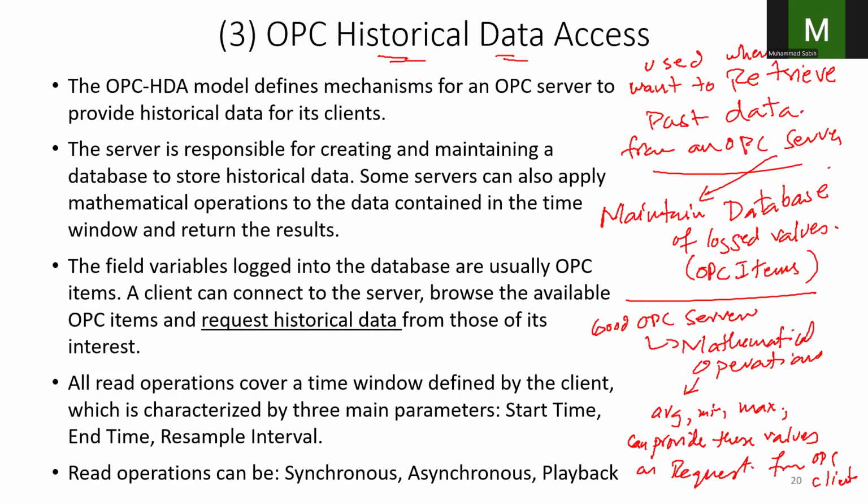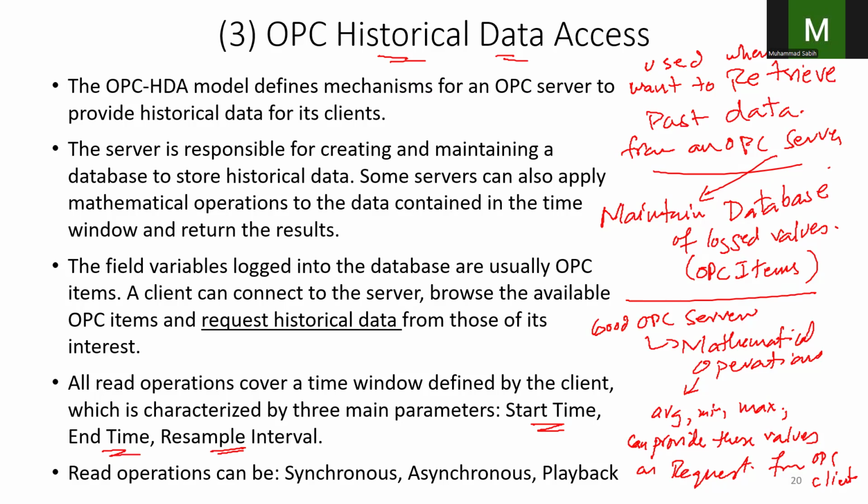Right. So the client connects to the server, browses the OPC items, and requests the historical data based on its interest. These requests are made over a time window specified by the client using parameters like the start time, the end time, and also the resampling interval.